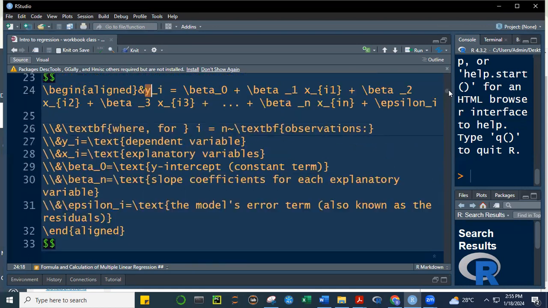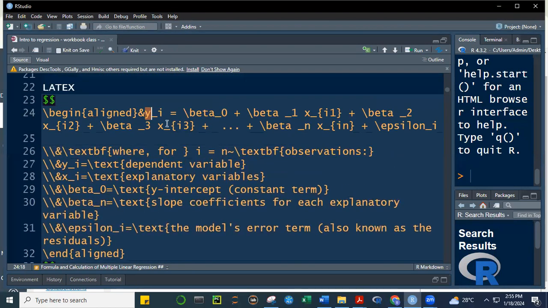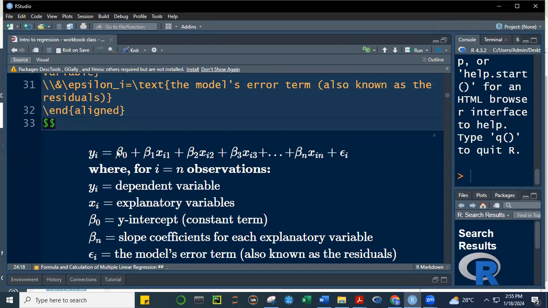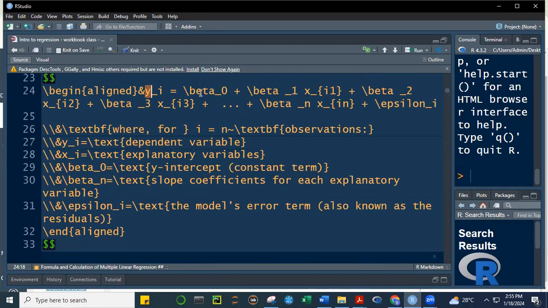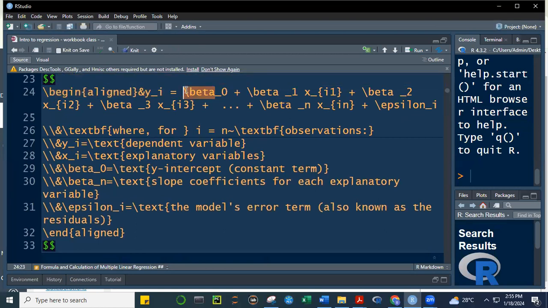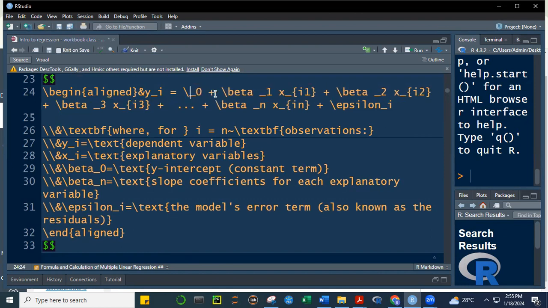And then is equal to the beta, the Greek beta. Take note of this. It's written in Greek. The Greek beta is written as backslash beta. So when you're writing Greek symbols, which is oftentimes used in mathematics and econometrics, this is how you do it. So if you type backslash alpha, then it will generate the alpha. So let me change this to alpha.